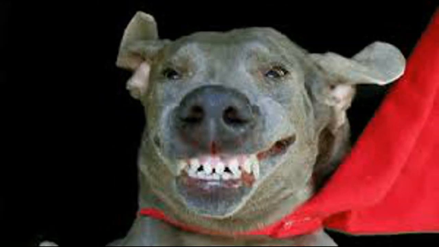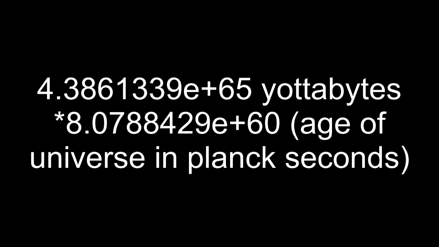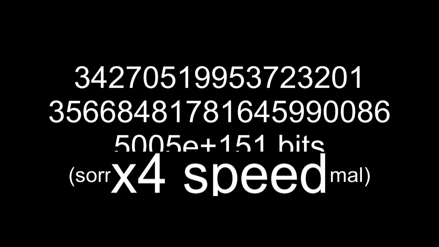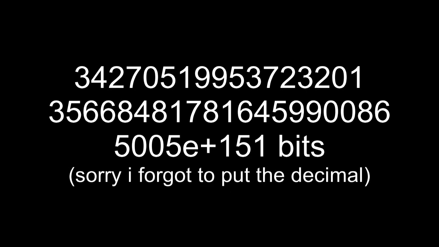Okay, and now for the SSD. Assuming that your PC documents a snapshot of every Planck second of the universe, then the SSD would just be the amount of RAM multiplied by 8.0788429 E+60, which would be 34 duodecillion 270 undecillion 590 E+151 bits.